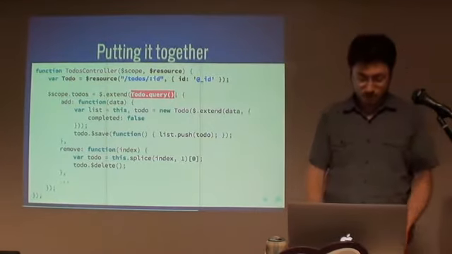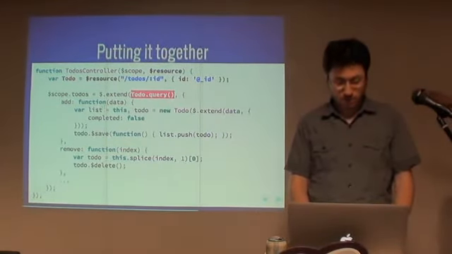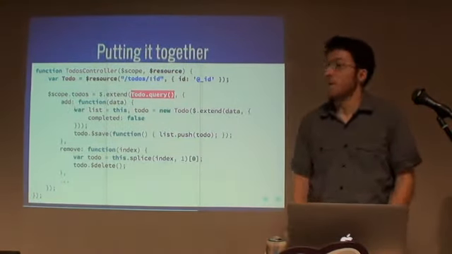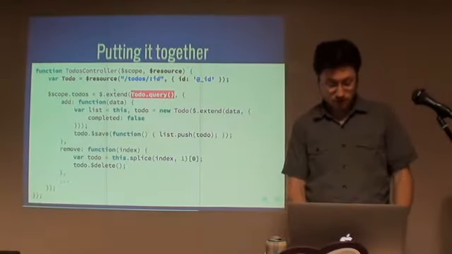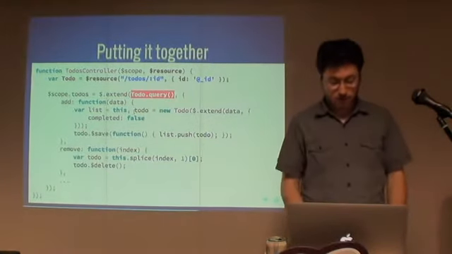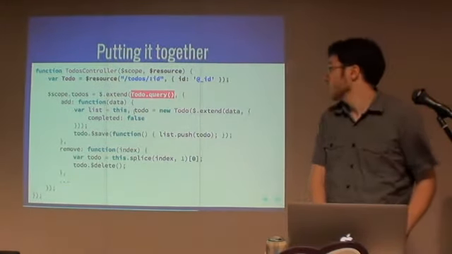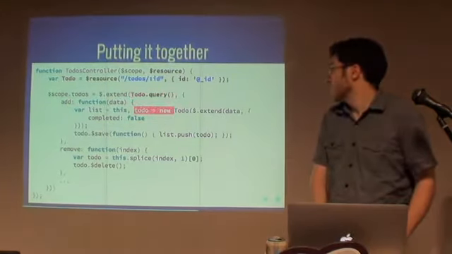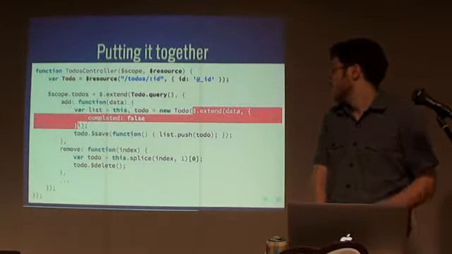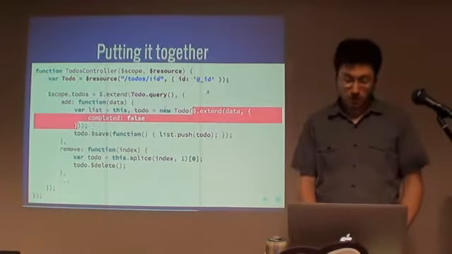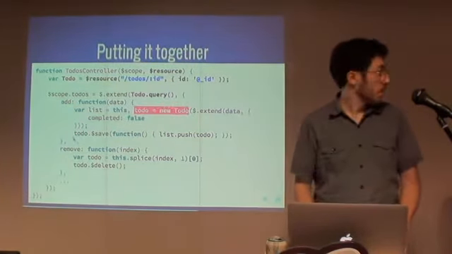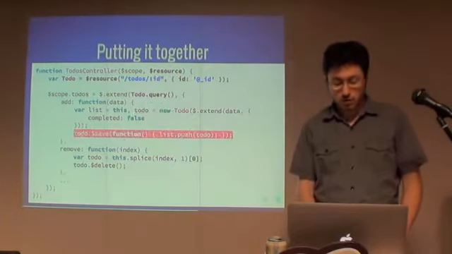And now, instead of simply appending a new to-do to the array, as we did before with a push, we will take the data that we receive, extend it with default values, wrap it in a new to-do object, and then push it to the server.